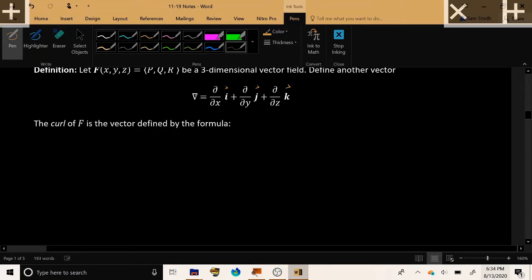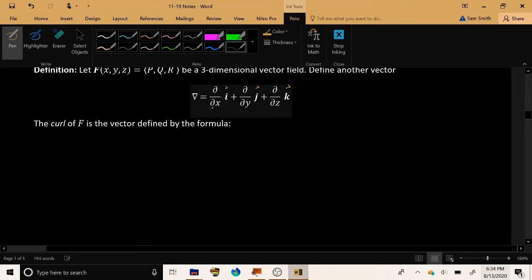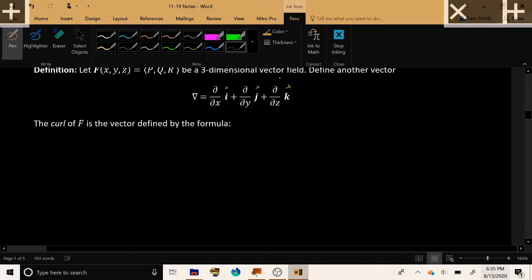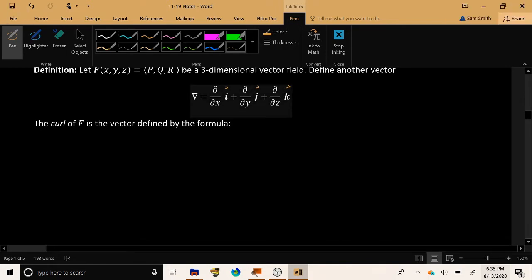Now, this nabla is defined by putting the partial derivative with respect to x in the x component. So we're putting an operator here, an instruction, in the first component, putting the partial derivative with respect to y in the y component, and the partial derivative with respect to z in the z component.